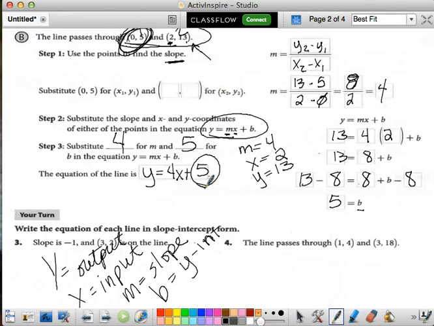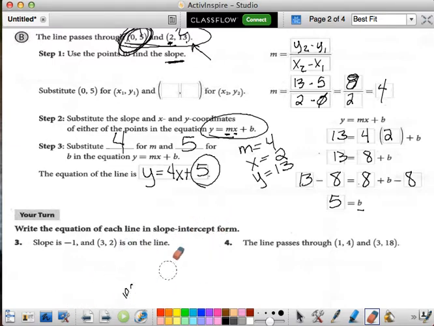So if you look at this your turn problem right here, and I'm going to erase all that I put down here, but you do want that, so make sure you have it in the margin somewhere. So here I have the slope of -1, and that's my point. So I need to write it in slope-intercept form, but in this case, I have the slope, but I need the y-intercept.